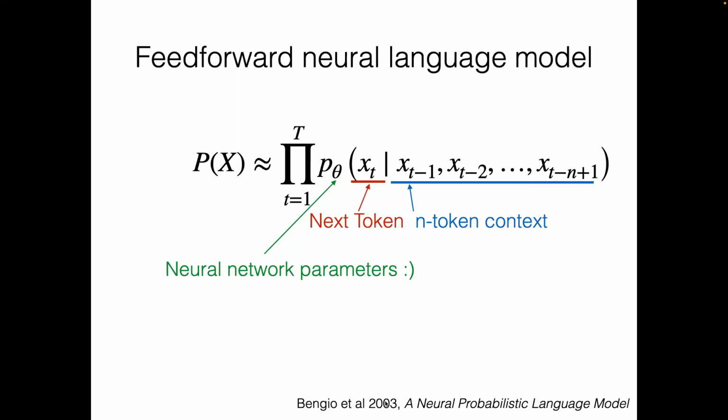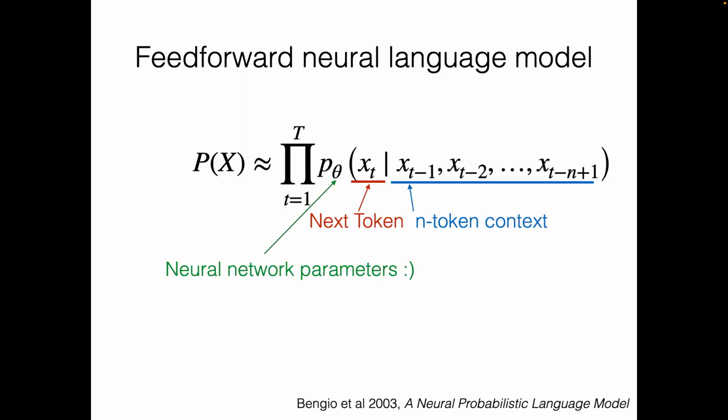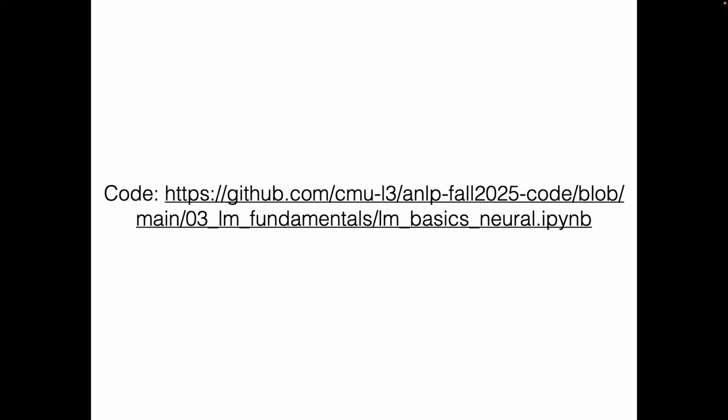This is mainly based on this paper from 2003, which proposed this neural language model. And actually, the paper is really nice, and they give a lot of motivation for the method. It goes into a lot of the intuitions behind it, and it's a really nice read. So I recommend it. Again, we have an implementation in the code notebook.